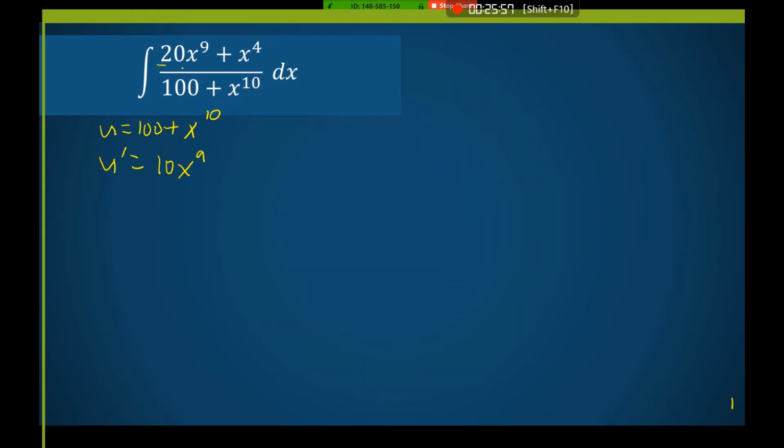Okay, I do have x to the 9th power here, but we don't have the right power for this x to the 4th. So what do I need to do first? Right, so I've got 2u prime on top for this first part.